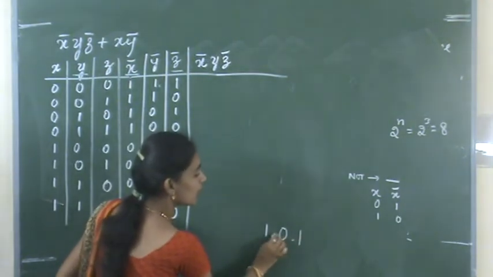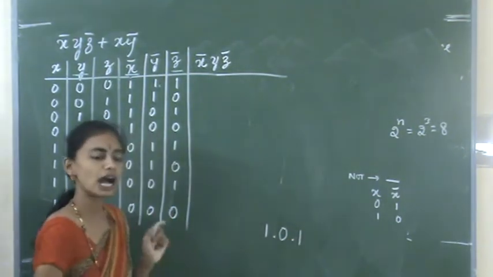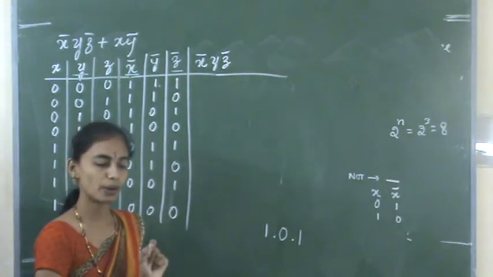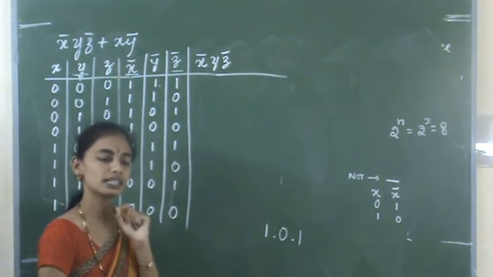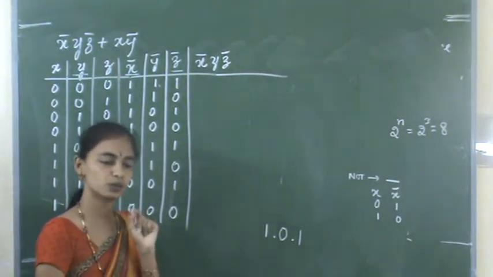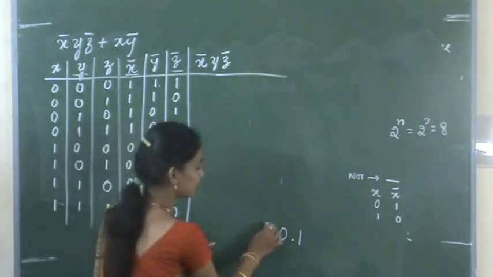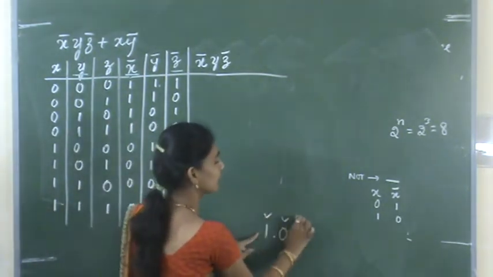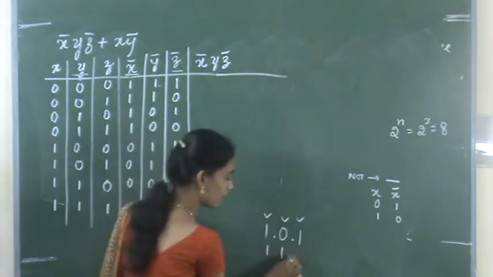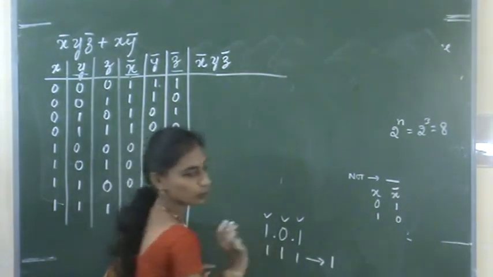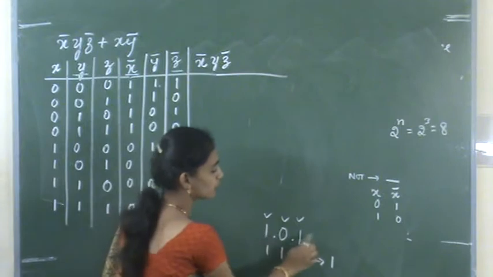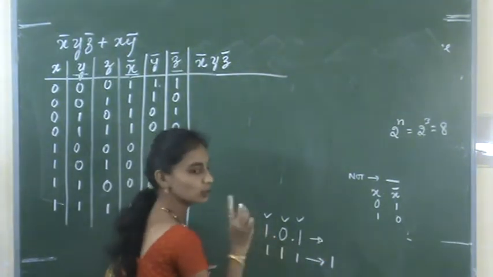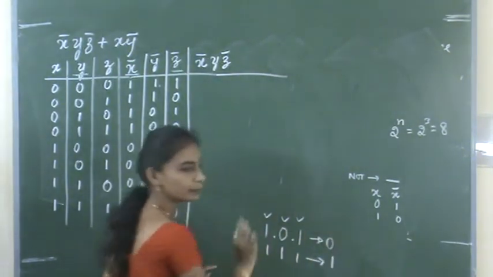I told you what the AND operator is: it gives the result 1 only when all the inputs are 1. If all 3 variable values are 1, then only the output will be 1. If any of these variables has the value 0, the output will be 0.